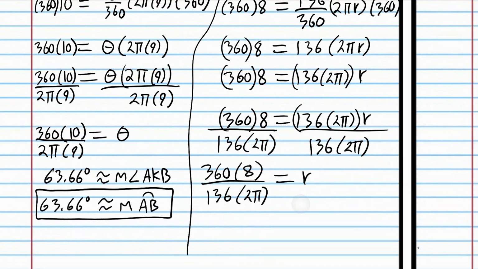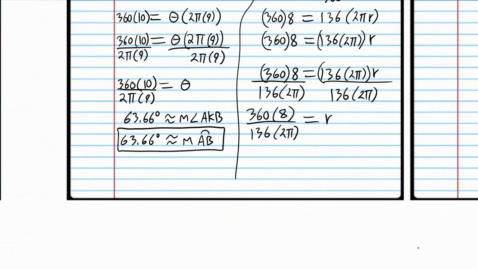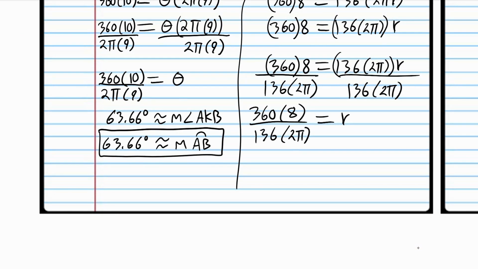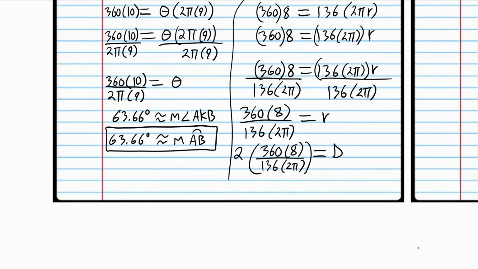So now all we have to do is just crunch those numbers. And actually, we're going to do one more step. We're going to take all that stuff and multiply it by 2. Again, there's different ways to show this. So we took all that stuff there and we multiplied it by 2.